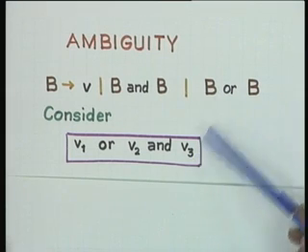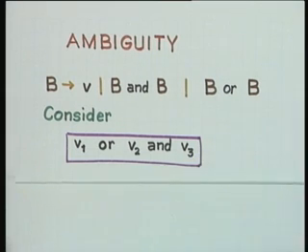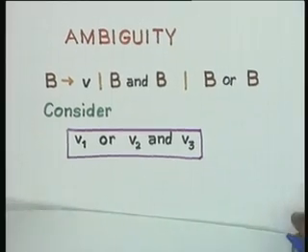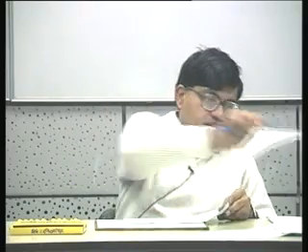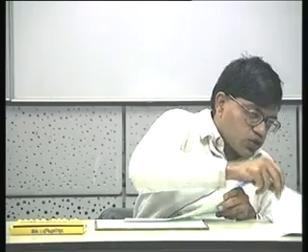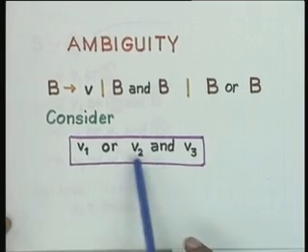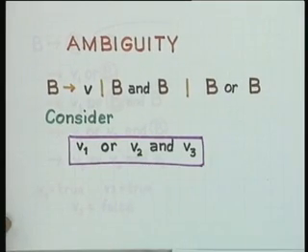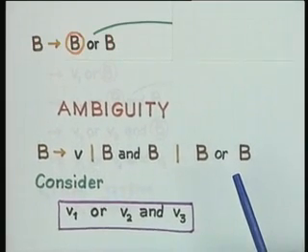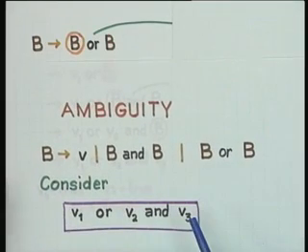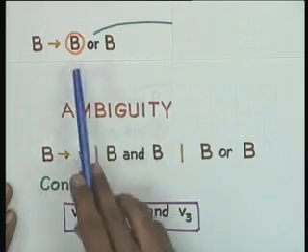It is very easy to give a derivation for that, but not just that. This sentence can actually be derived in two different ways. Look at this sentence, V1 or V2 and V3, and this is my grammar. I could apply the B or B rule and derive this.